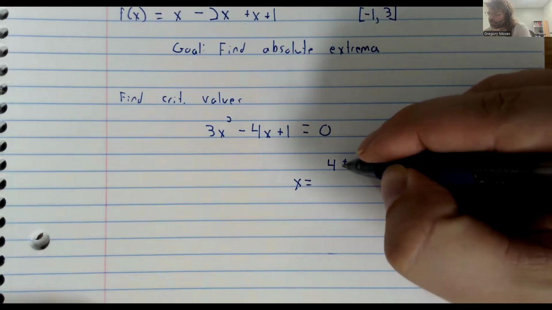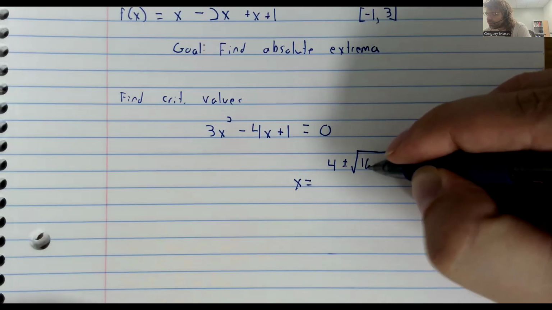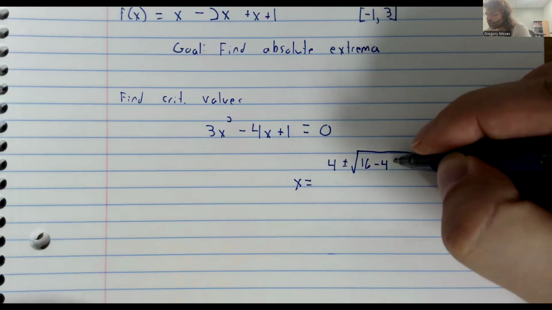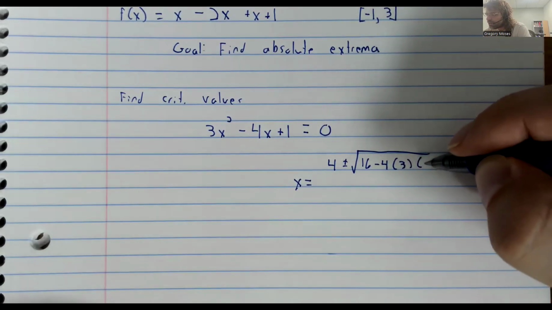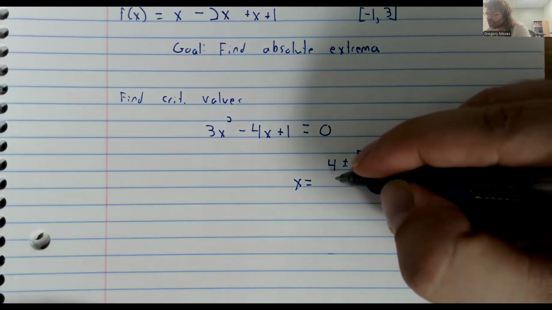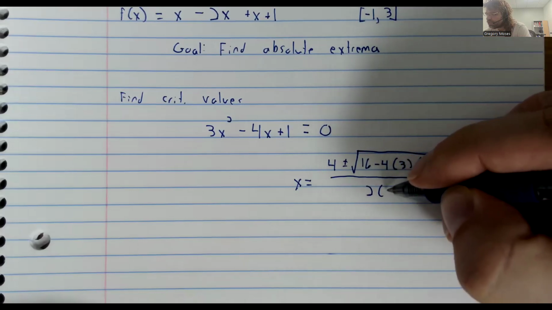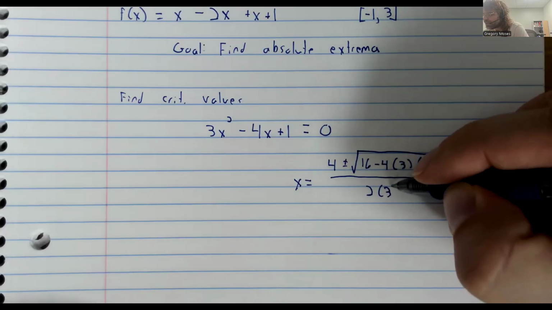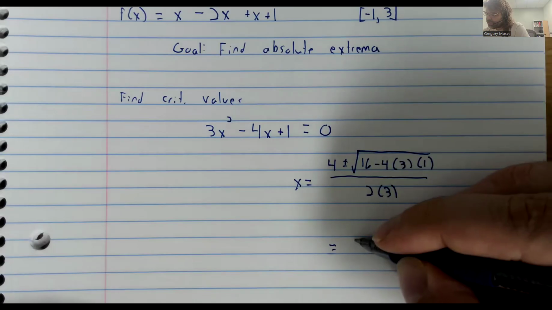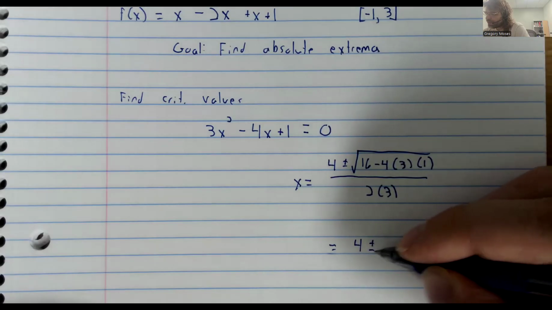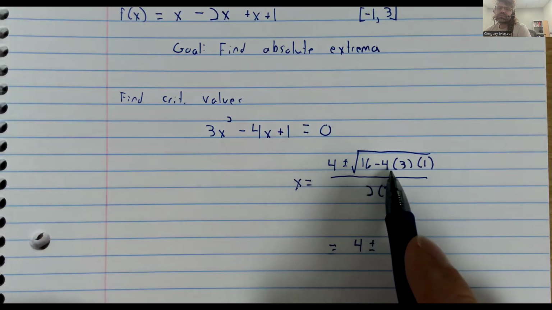Negative b plus or minus the square root of b squared minus 4 times a times c, all divided by 2 times a. 4 plus or minus the square root of 16 minus 12, which is 4.